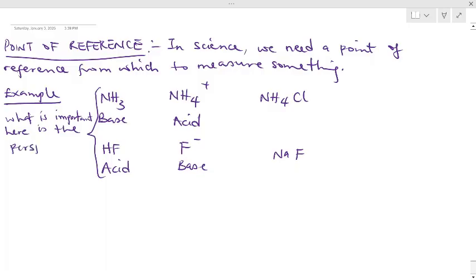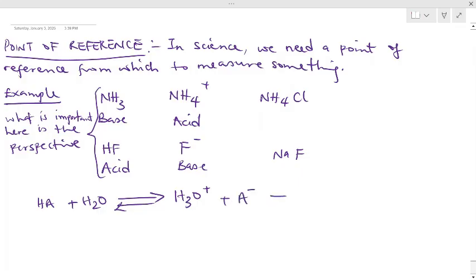You can also have a reaction like HA plus water, with a forward and a backward reaction, forming H3O plus and A minus.